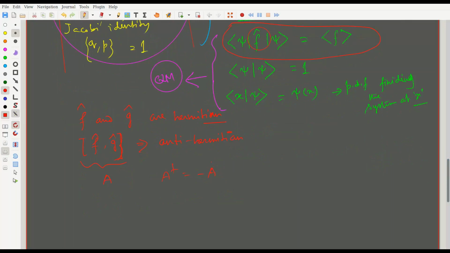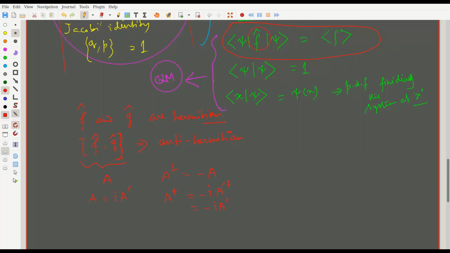So that's why we extract a factor of i for convenience, so that the remaining part remains Hermitian. So if I write, say, a equals i times a prime, then a dagger would be minus i times a prime dagger. So now if a prime is Hermitian, then a dagger equals minus a is automatically satisfied.